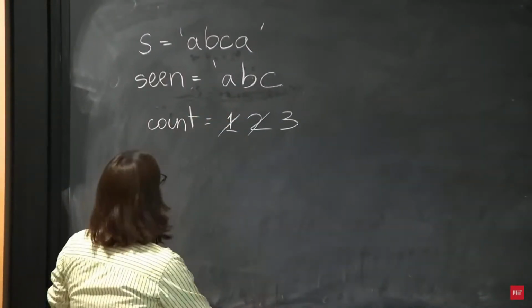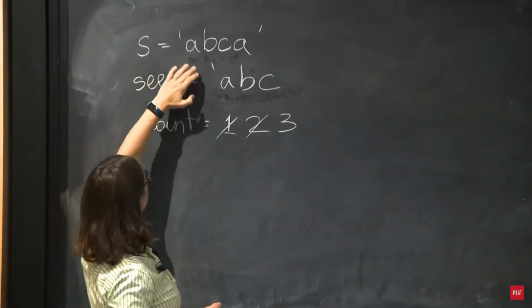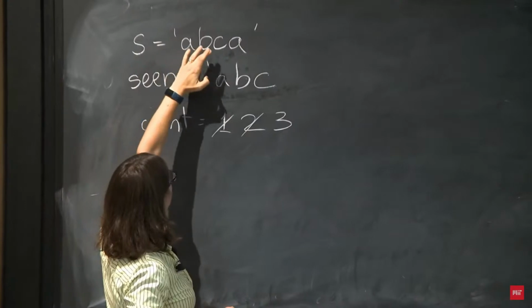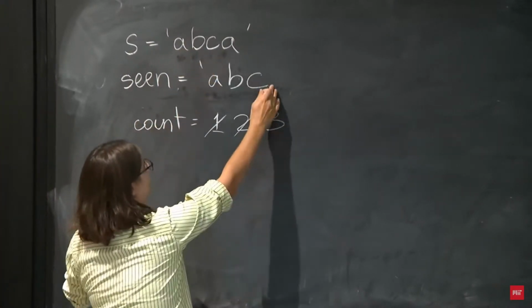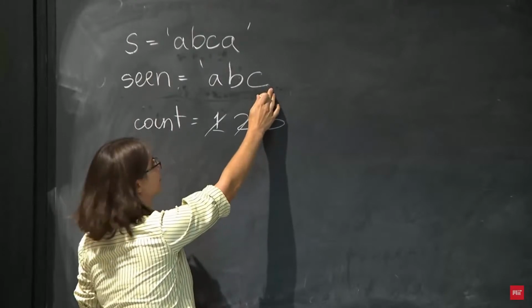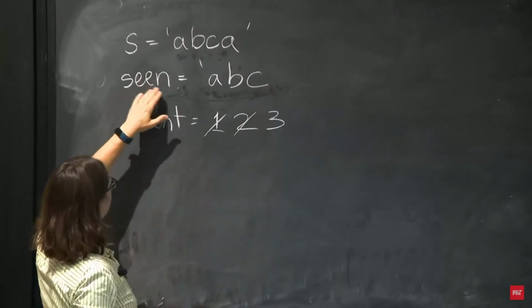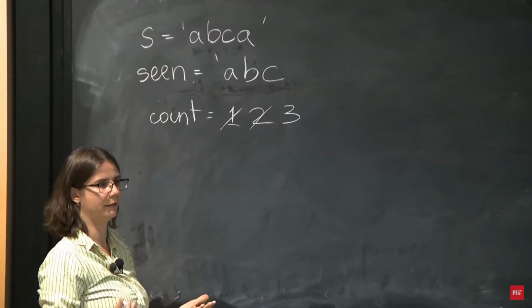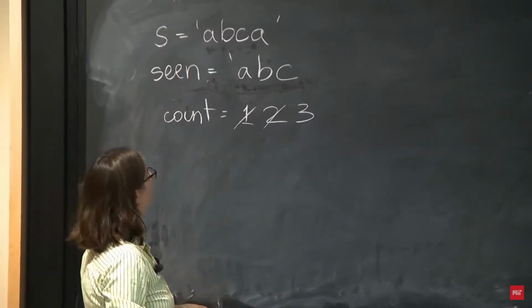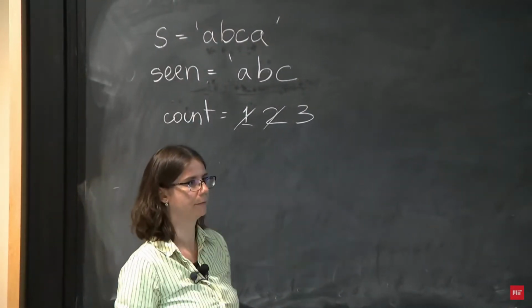Even as I was going through manually, I said, I've seen the A, I've seen the B, I've seen the C, I added them one by one. And when I saw the duplicate A, I didn't add it. So basically the scene already contains all the unique characters in my original string.